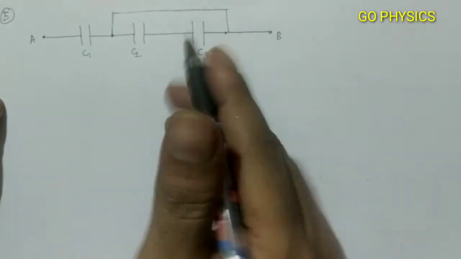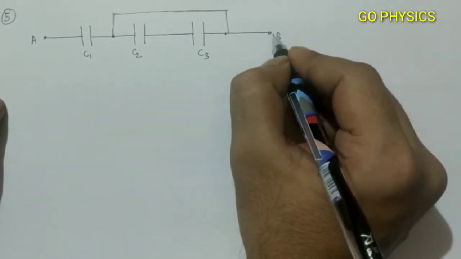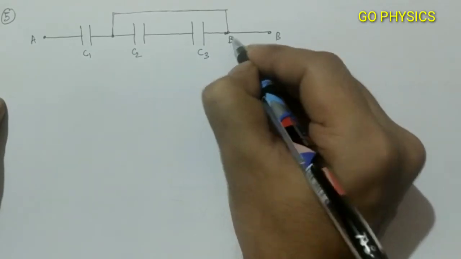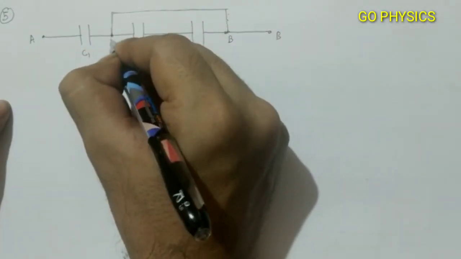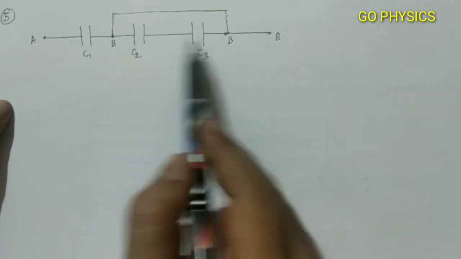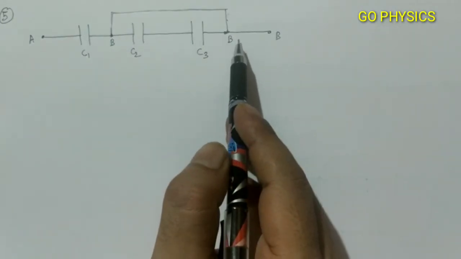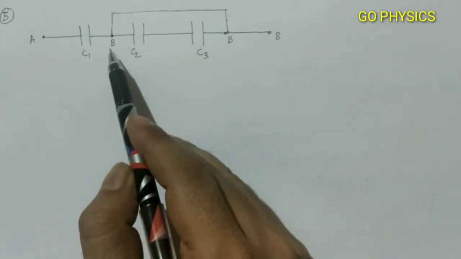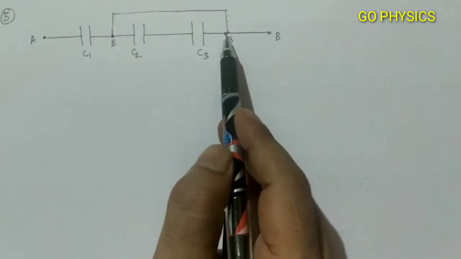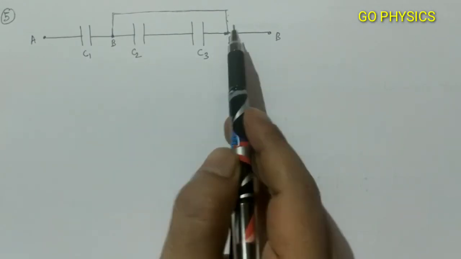First, this point is B, so this point will also be B, and this point is also A. Points having the same name or the same alphabet will have the same potential. This means that the potential of this point and the potential of this point will have the same value.